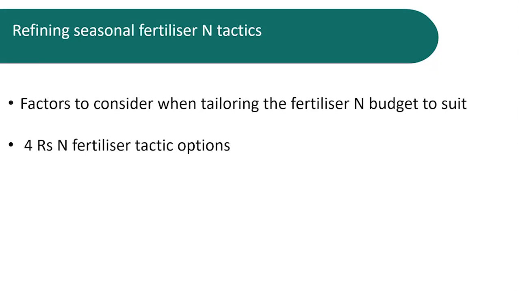Some of the factors that we would consider when we're tailoring a fertiliser budget to suit whatever the conditions are, and then what we call the 4N factors, to look at the tactics and options we've got around the products, how do we prune rates if we're going to do that, how do we change our timing, and the pros and cons of different timings and methods of application.